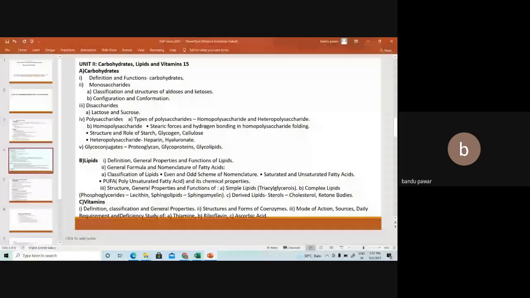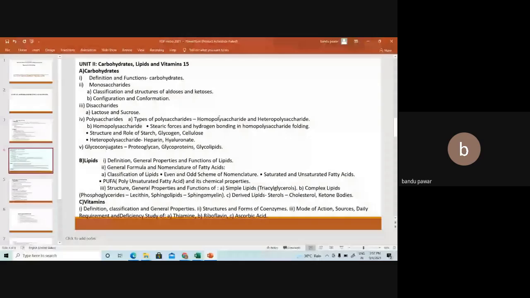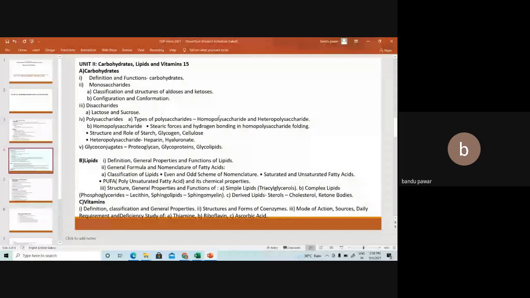Polysaccharide, types of polysaccharide is also important. Homopolysaccharide, heteropolysaccharide. There are two types of homopolysaccharide: one is homopolysaccharide that plays an important role in storage of energy, and another is homopolysaccharide that plays an important role in structural composition.